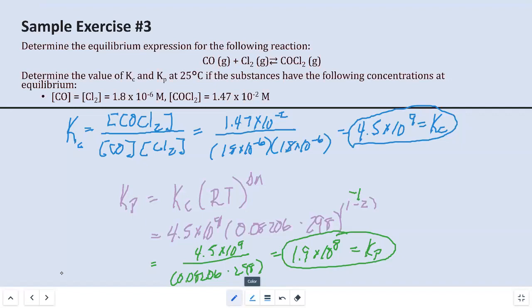Why such a difference? Well, that loss of a gas molecule is going to have some impact.